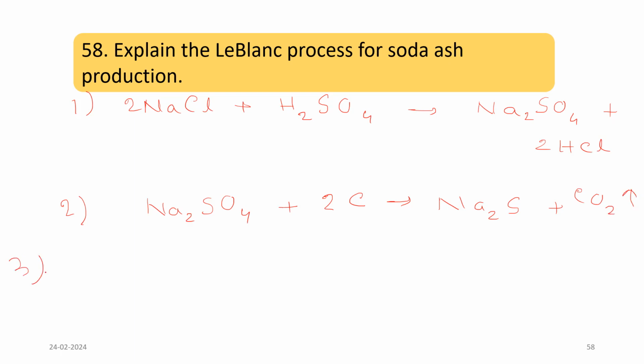Then this Na2S reacts with limestone, that is CaCO3, to produce sodium carbonate, the soda ash, and some amount of calcium sulfide, which is known as black ash.